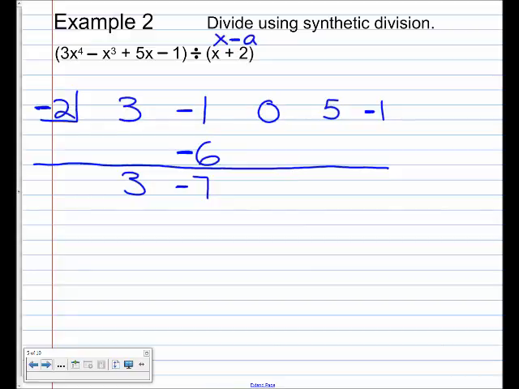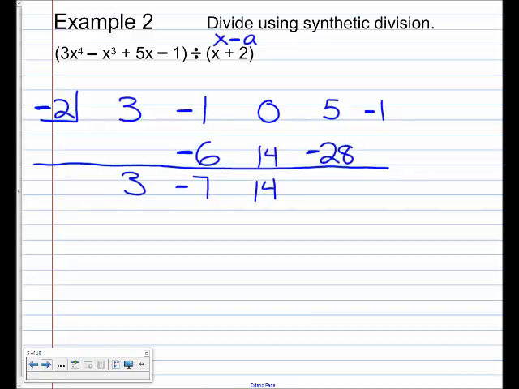Negative 7 times negative 2. Negative 14, very good. What am I going to do with 0 and 14? I'm going to add to get 14. 14 times negative 2. Negative 28.